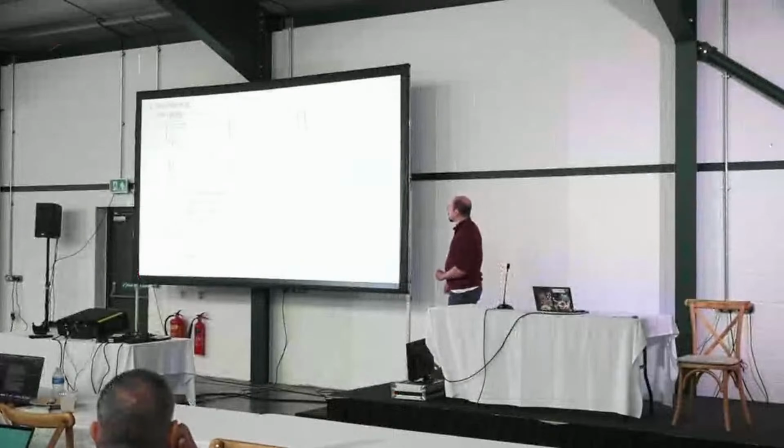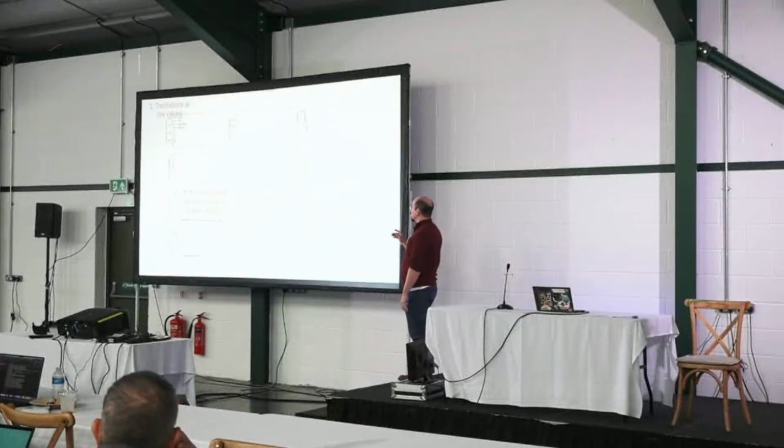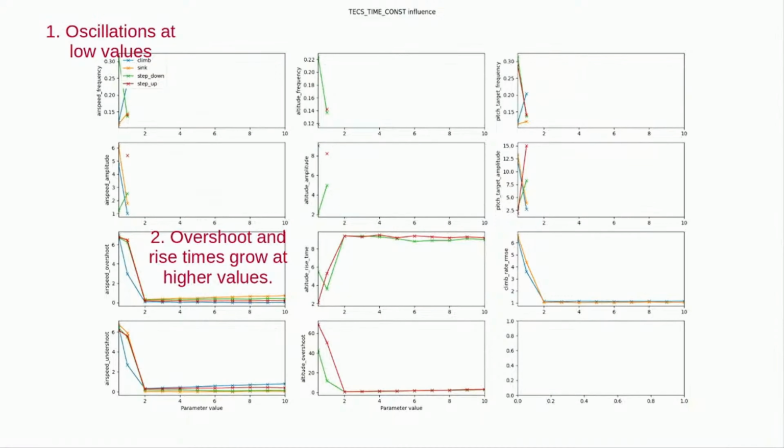So as you can see and expect, when the values are very low, 1 or 2, which are unreasonably small values for the TECS time constant, we get oscillation and overshoot, for example in airspeed, and very small rise time, yes, but also quite a bit of altitude overshoot.